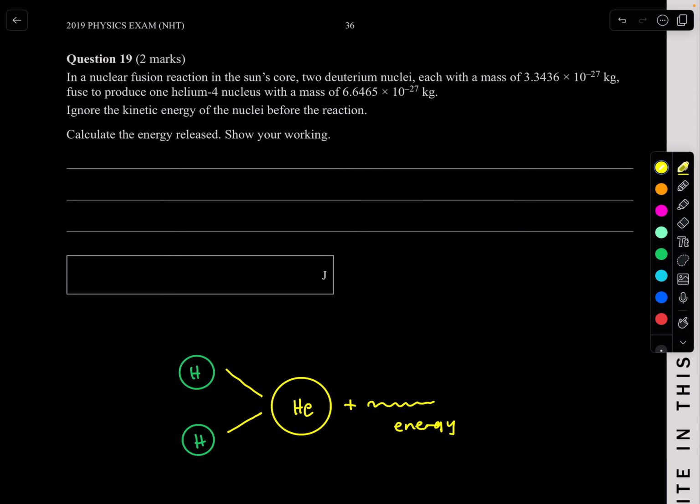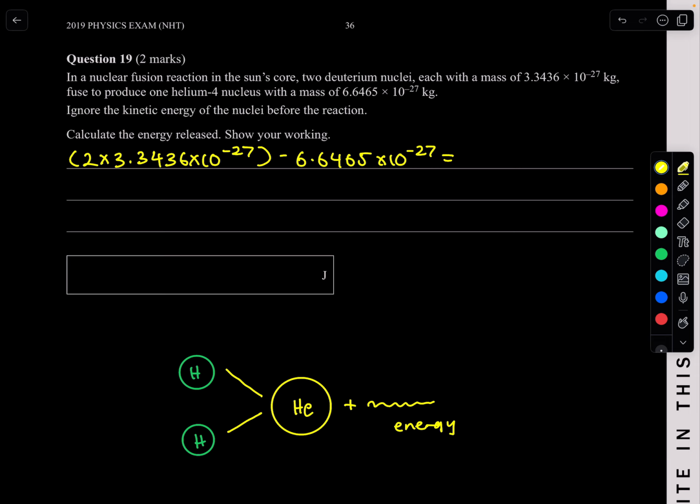If you first initially had 2 of these, so 2 times 3.3436 times 10 to the power of negative 27, minus your final product, which is 6.6465 times 10 to the power negative 27, that gives you the mass that has been converted to energy.